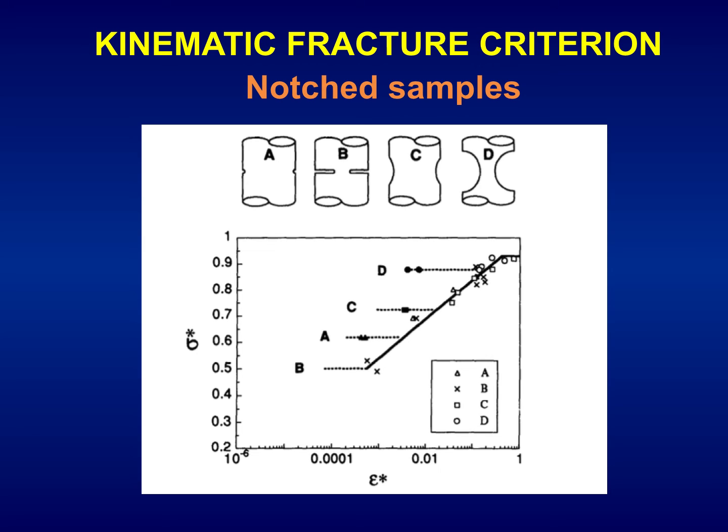Then, for sharp notch specimens, we have the most damaging effects of hydrogen, and for blunt notched specimens, we have a milder effect of hydrogen. These are the asymptotic values. Outside this common trend, universal curve, kinematic fracture criterion for notched samples on the basis of the notch tip strain rate or local strain rate at the notch tip.